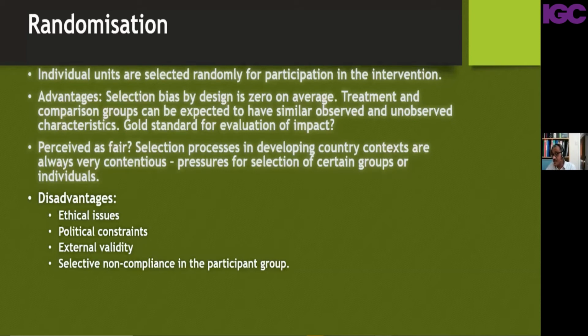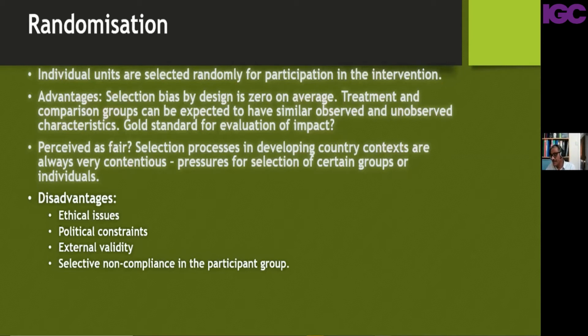And of course, randomized experiments can be run for pilot scale implementation of projects, but it is sometimes difficult to generalize the effects you derive from randomized estimations to the general population as a whole. So sometimes the external validity of the impact assessments from randomized control trials may be questionable.